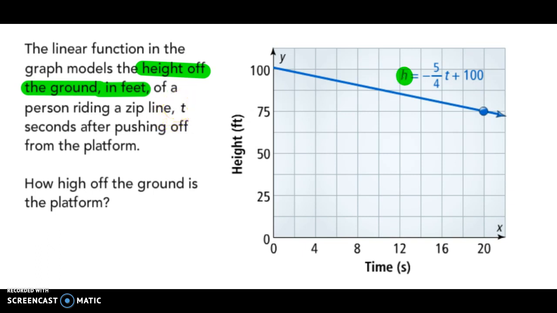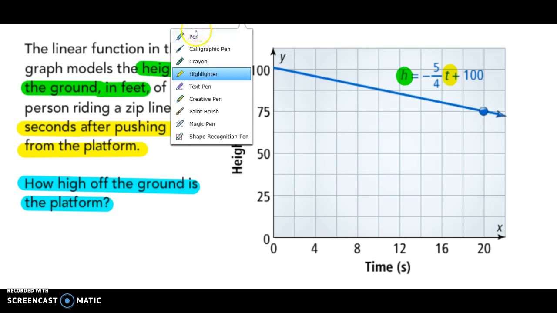Then it tells us that t is in seconds after pushing off from the platform, so we know t represents our time. The question they want us to answer is how high off the ground is the platform? So they want to know our exact height, so we're looking for our h value.